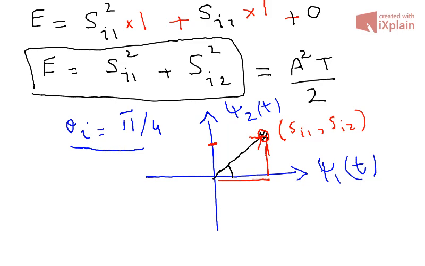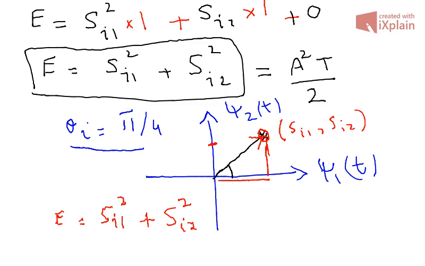When these are equal, from this expression we can substitute: our energy is equal to ψ1 square plus ψ2 square, right?